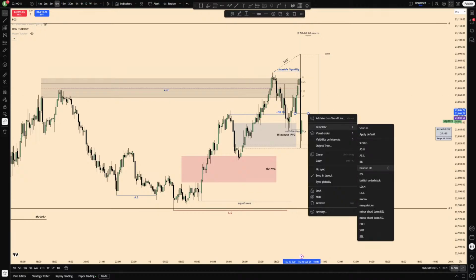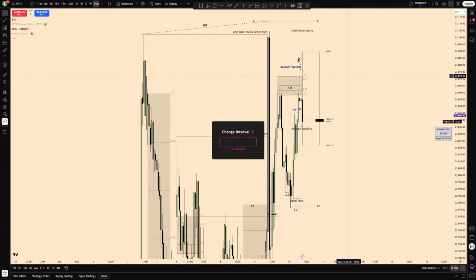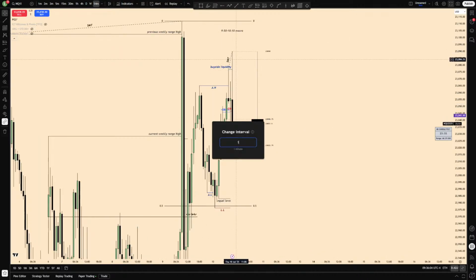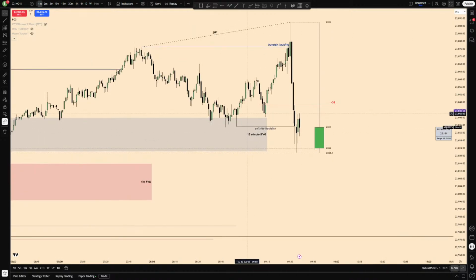Those three up moves into the manipulation there above the page's high. Okay, there we go, chart's starting to load again. Boom. This hourly order block, it held and then delivered the manipulation, so I kind of disregard it.